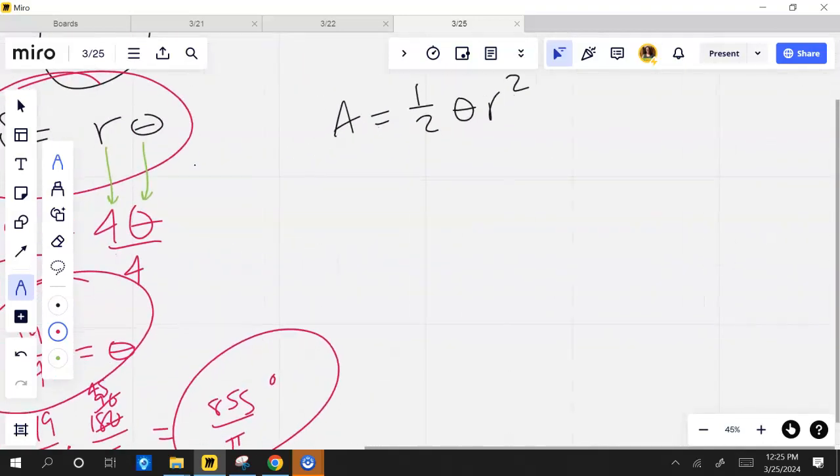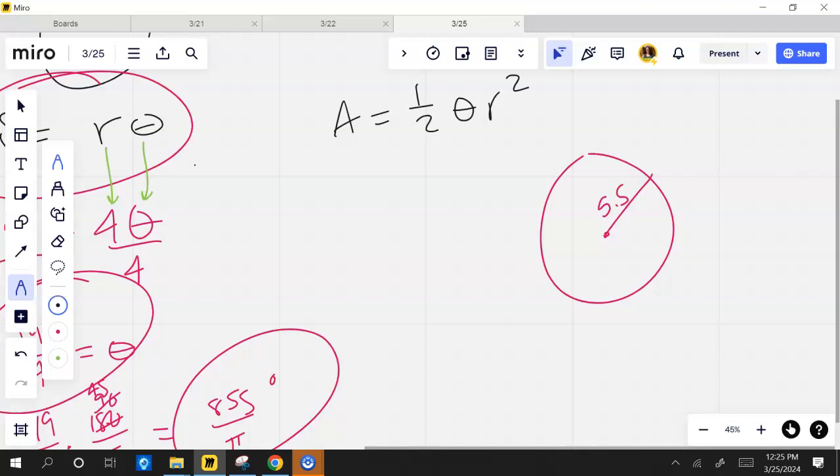Number 10. The end of an hour hand on the clock is 5.5 inches from the center. How far will the hour hand travel over 3 full days? So this is the one where we were talking about how it's going to loop around. It's going to loop around twice for one 24-hour period. 12 hours, 6 loops.